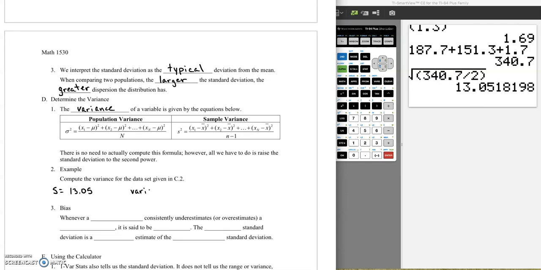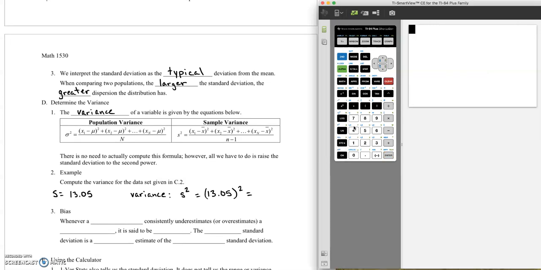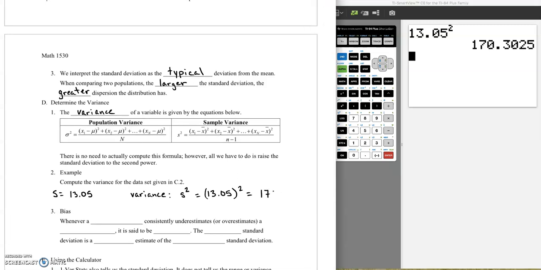So the variance, which is S squared, we just take 13.05 and raise it to the second power. And when we do that, we get approximately 170.3.